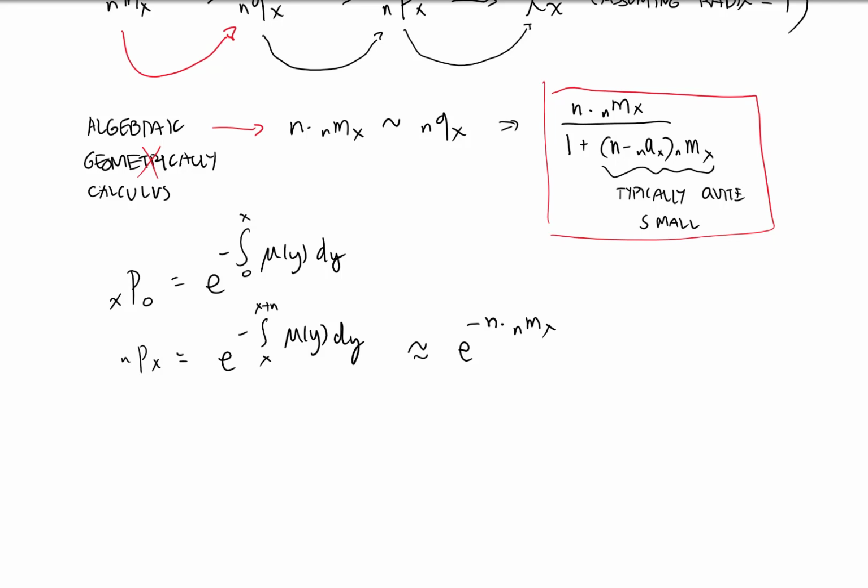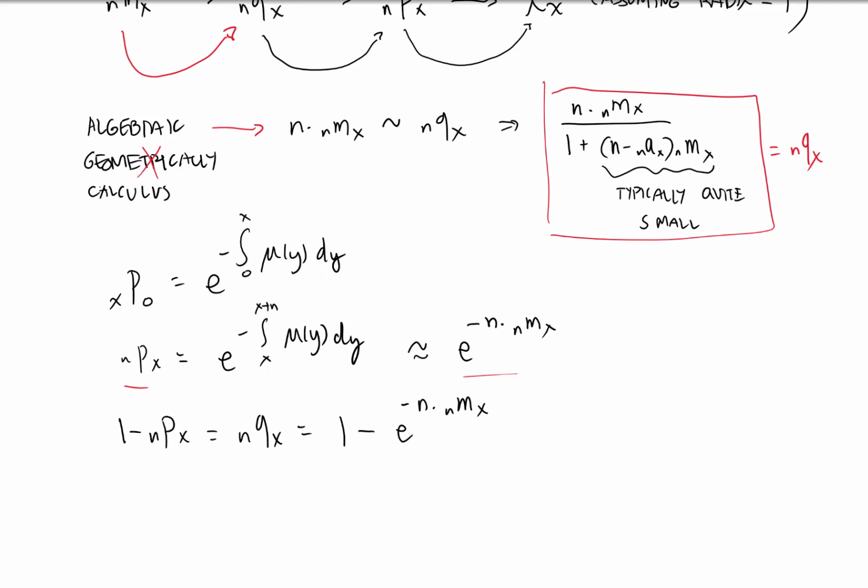It's going to turn out that this is one way to do this conversion from nmx to get the nqx. This thing is equal to nqx. And if this is equal to this, then it must be the case that 1 minus npx equals 1 minus e to the minus n times nmx, very close to that.